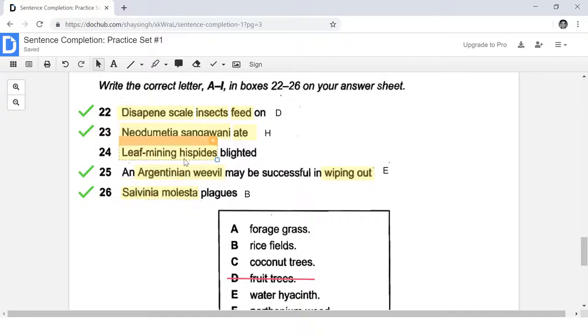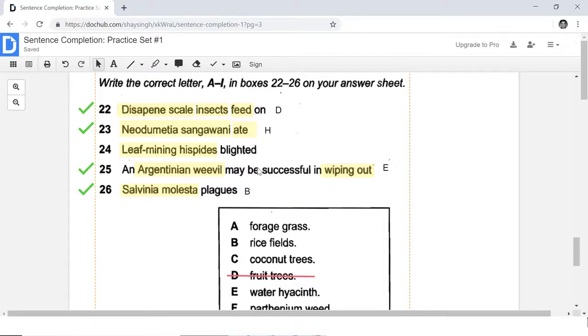Here it says, leaf mining hispides blighted. Blighted means to infest. It's the same thing. It's just synonym language for plaguing or infesting. Okay, so those are synonym words. Plaguing, infesting. So what were leaf mining hispides blighting or plaguing?